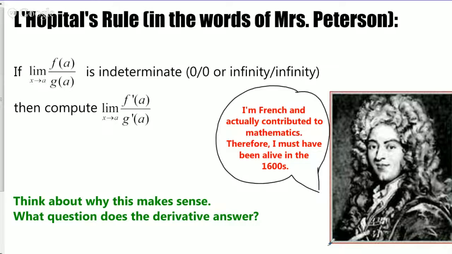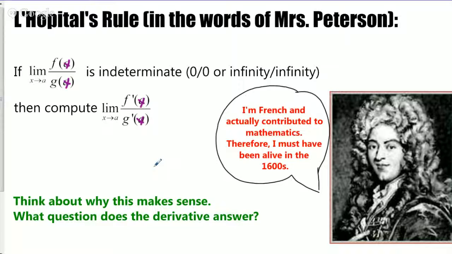Okay, so here is what L'Hopital's rule says. It says if the limit as x approaches a of f of x over g of x is indeterminate, meaning 0 over 0 or infinity over infinity, then all you have to do is compute the limit as x approaches a of f prime of x over g prime of x.